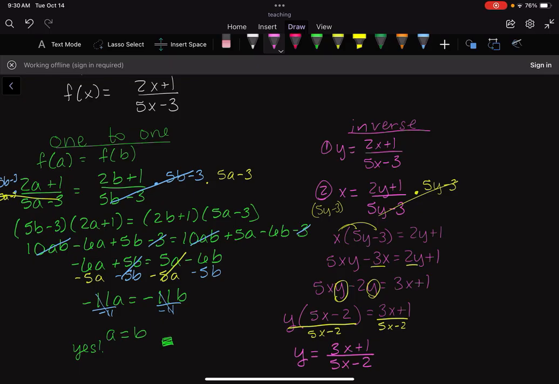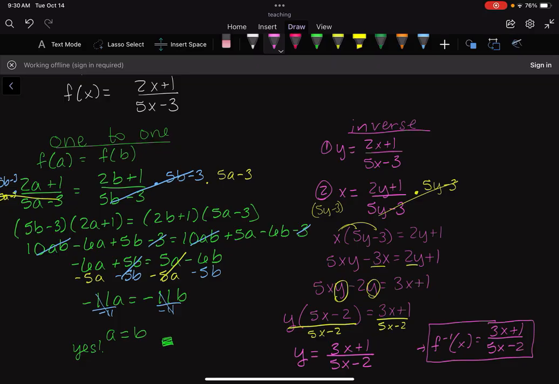And lastly, just notation, we would switch this into f inverse of x equals 3x plus 1 over 5x minus 2. And there you go, that's my final answer.